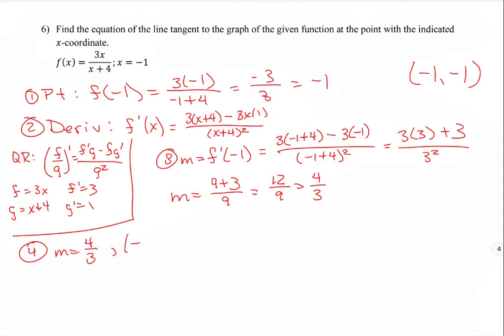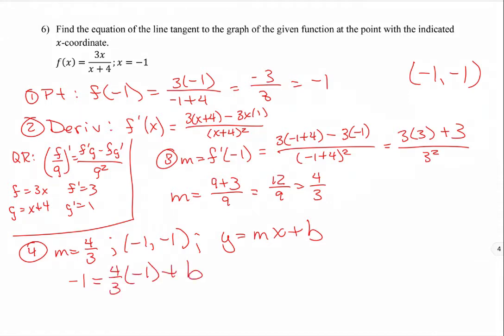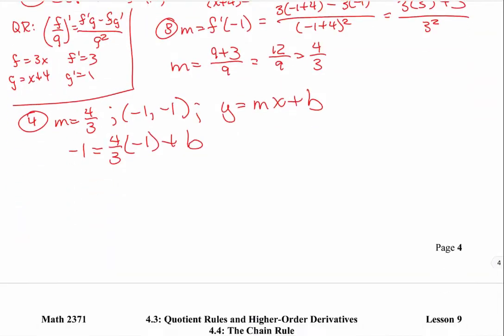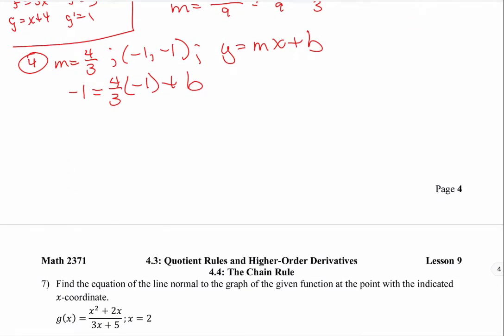I have the point negative 1, negative 1, and I have y equals mx plus b. So I have negative 1 equals 4/3 times negative 1 plus b. So that means negative 1 equals negative 4/3 plus b.